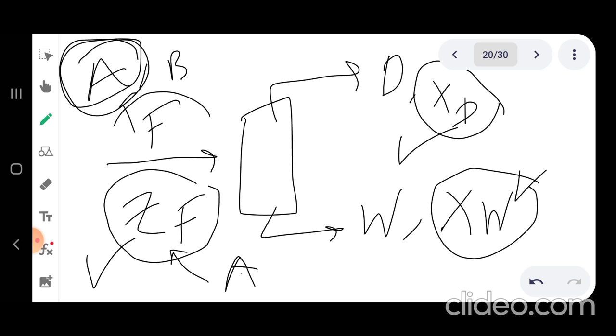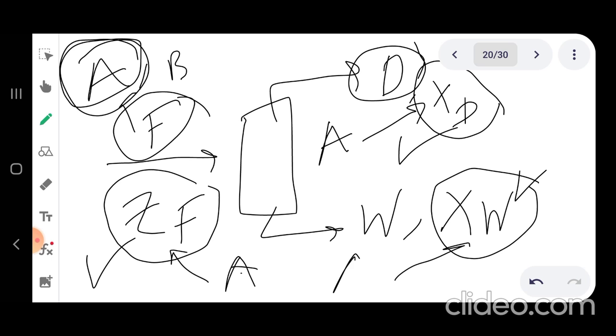When we say XD, we mean the composition of A in the distillate stream. When we say XW, we mean the composition of component A in the waste stream.